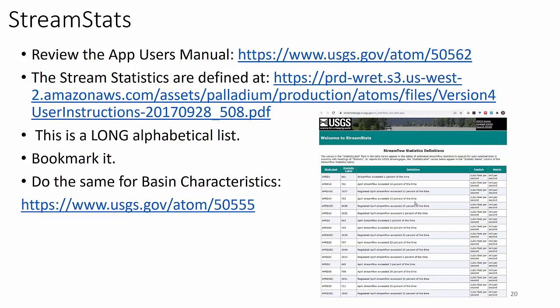This thing scrolls for, I bet, 350 labels. So go through these labels. Each of them has a number, and this is the way you code things. But we have their English units and their metric units, so you understand what it is. Bookmark this link. Do the same for the basin characteristics, so you get to know what you're looking at when you look at the StreamStats reports.